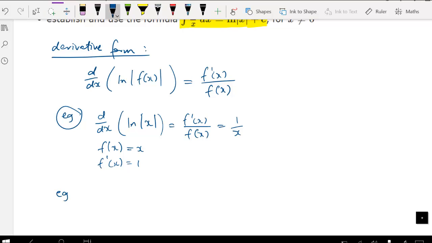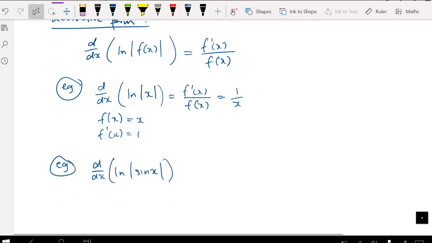So another example, and it can be any type of function, would be the derivative of ln sine x. Okay, so we've got an internal function of sine x, which means that f of x is equal to sine x, and the derivative of sine x is cos x.